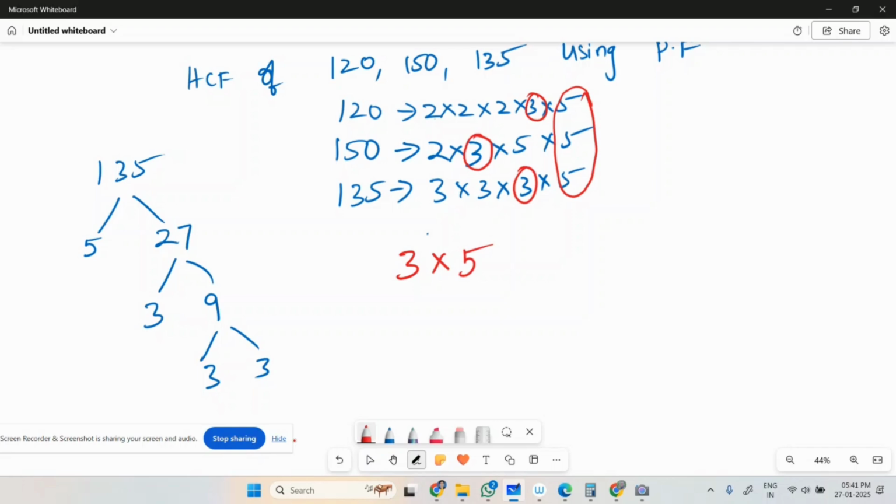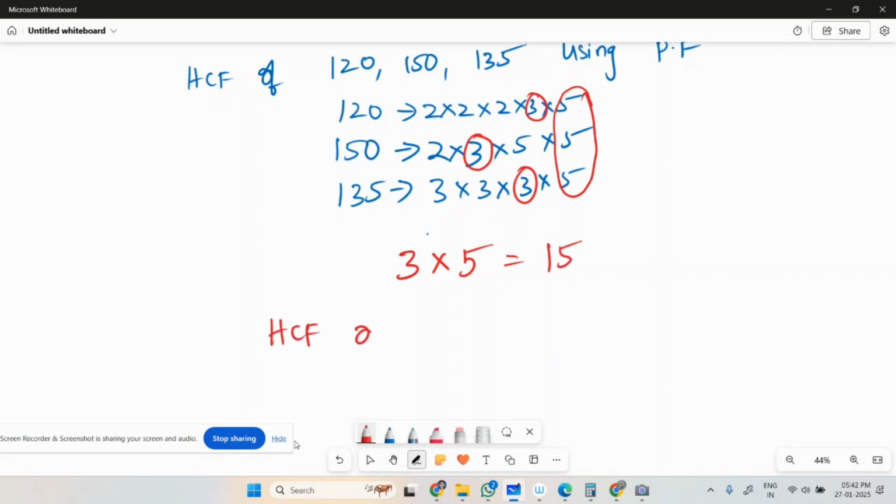Now for the HCF of 120, 150, 135, we simply multiply these two common factors. 3 times 5 is 15. So the HCF of 120, 150, 135 is 15.